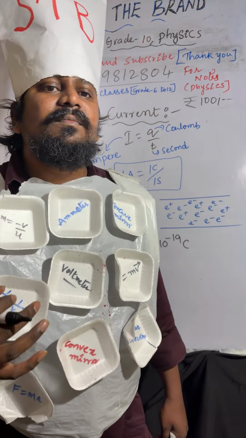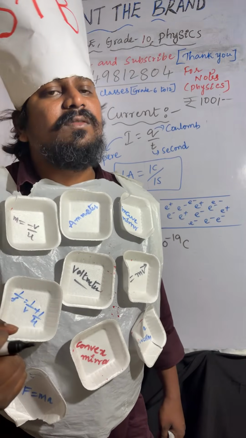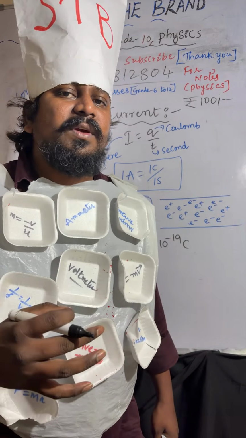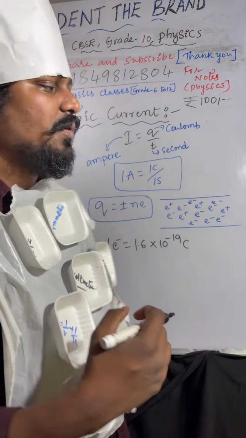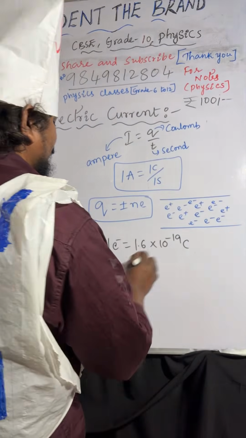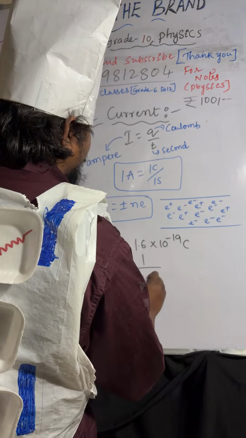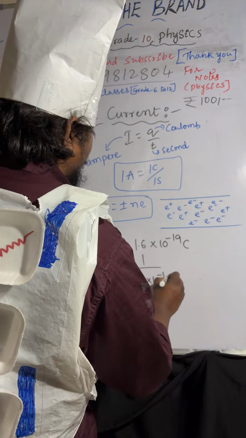In 1 coulomb, how many electrons are present? That's very important. On 1 electron, 1.6 into 10 power minus 19 coulomb. So in 1 coulomb, 1 by 1.6 into 10 power minus 19.